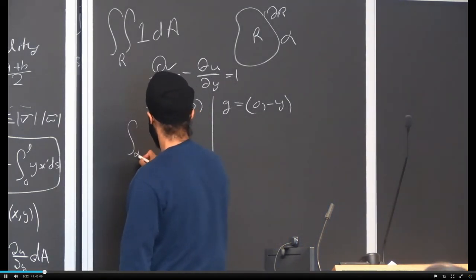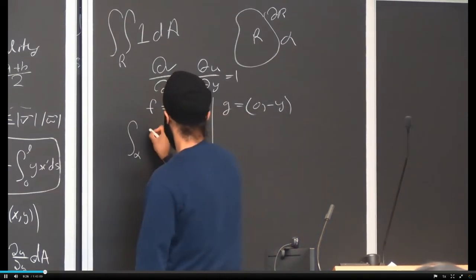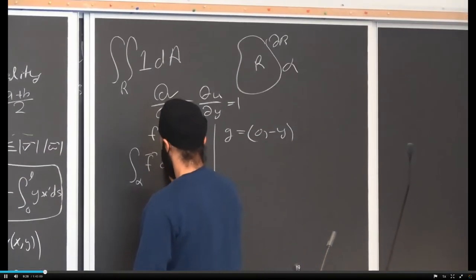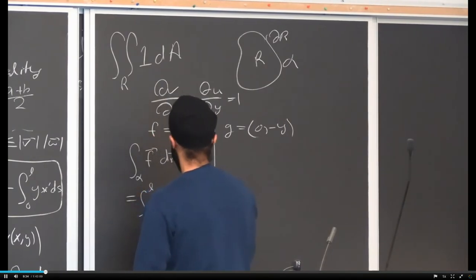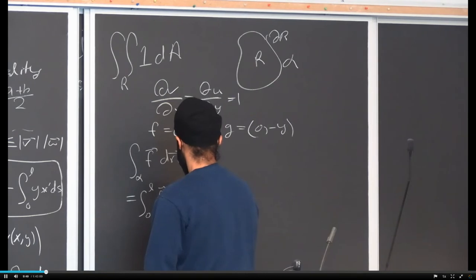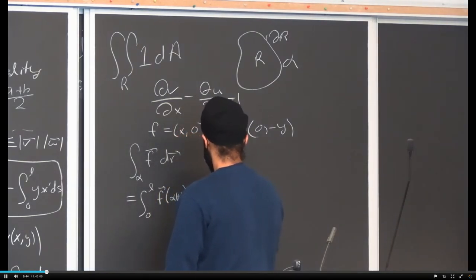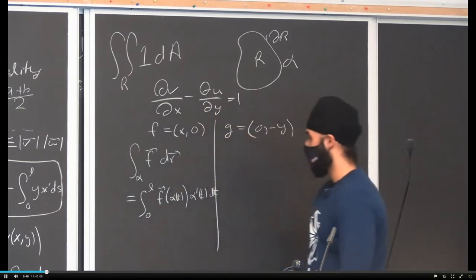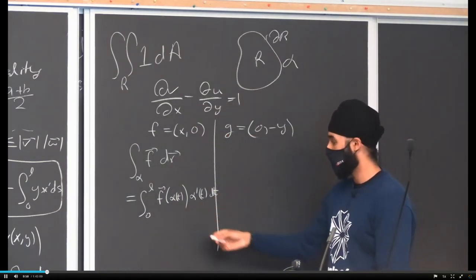So line integral, alpha is our boundary, of F dr. I'm just going to write 0 to L because L was the length of the curve. Since it's nicely parametrized, we can just use this formula, dt. This is the definition of the line integral from B42.